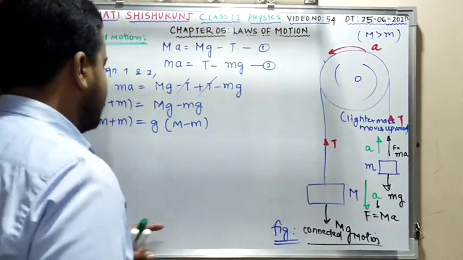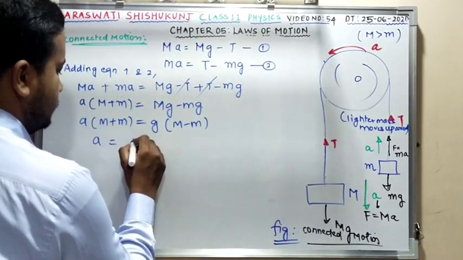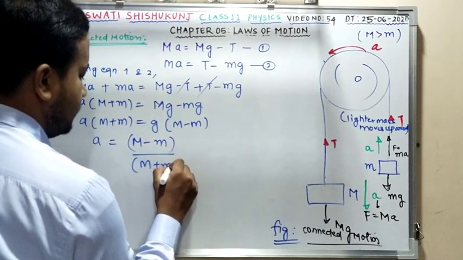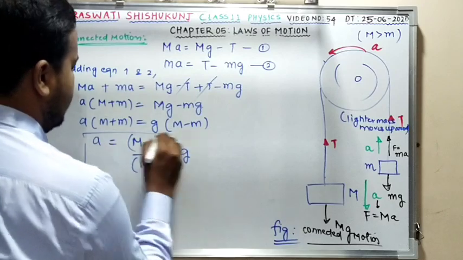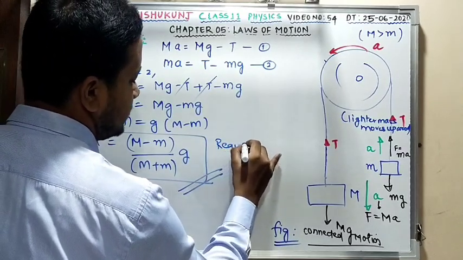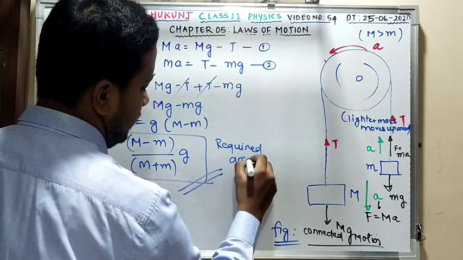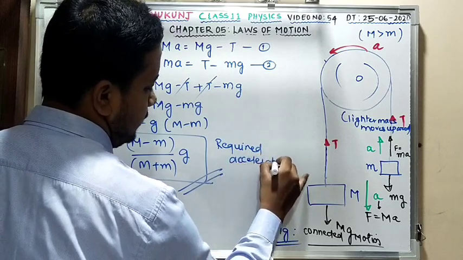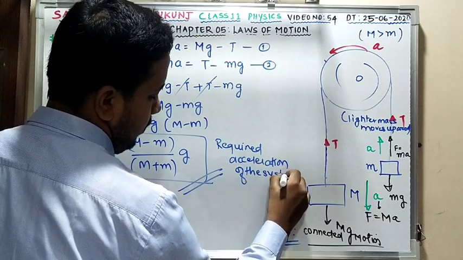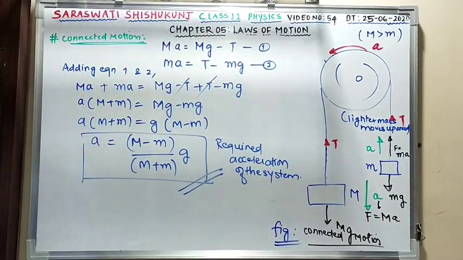If I want to find out the acceleration of the body, then a is equal to capital M minus small m divided by capital M plus small m, into g. This is the required acceleration of the system. Clear? This is the first result I got.